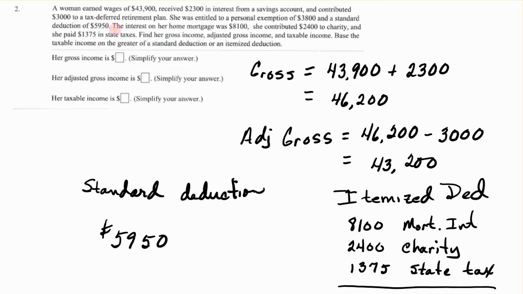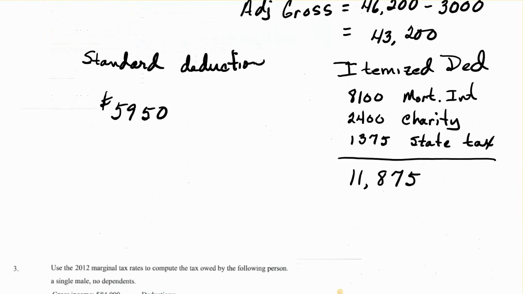let me highlight it for you. All of that contributes to an itemized deduction. That's what I did over here. This is her standard deduction. The federal income tax laws tell us what our standard deduction is. If you can verify that you have other deductions, then you can probably go that way instead and actually lower your taxable income.